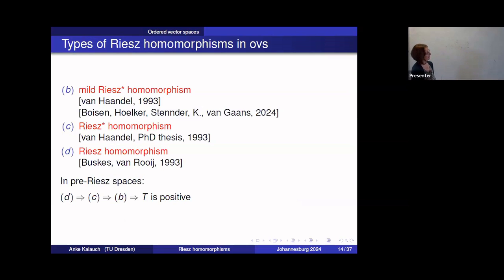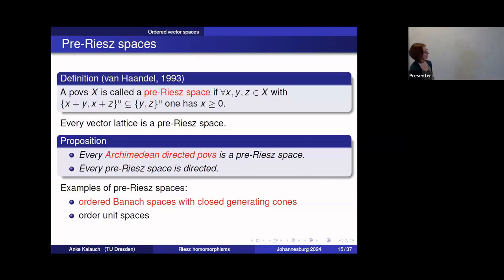And here I write previous spaces. So I briefly explain what it is. This was a notion introduced by Van Handel as well. It's a characterization of spaces, again using upper bounds, but don't worry much about this technical definition. The most important point for us was that all objects that are of interest, namely the Archimedean directed ordered spaces, are of this type.